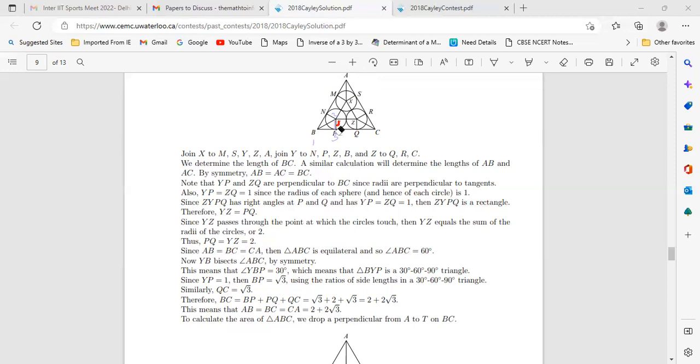If the side length is 1 over here, this must be 2. So then this is the square root of 4 minus 1 according to the Pythagorean principle. You're going to have square root of 3 for BP.